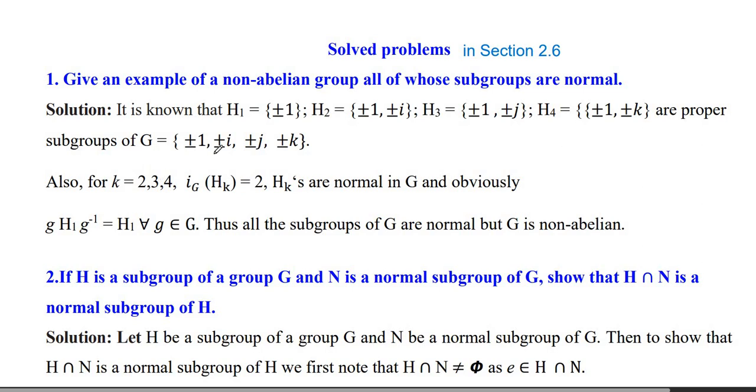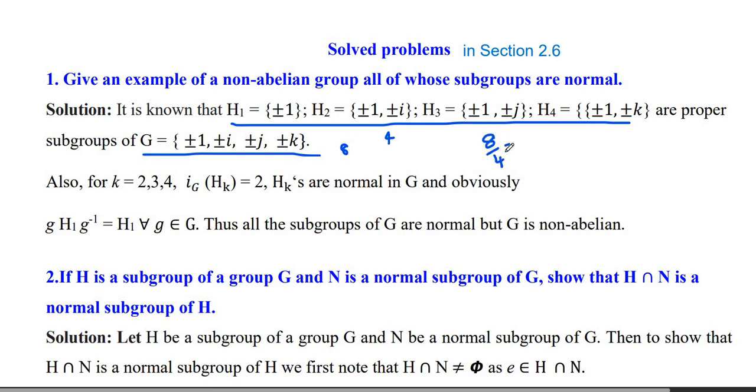So for that, we are going to consider the quaternion group, and we know pretty well that these are the proper subgroups of that quaternion group. Since the index of H2, H3, H4 in G is 2, because this is of order 4 and this one is of order 8, 8 divided by 4 gives us 2.